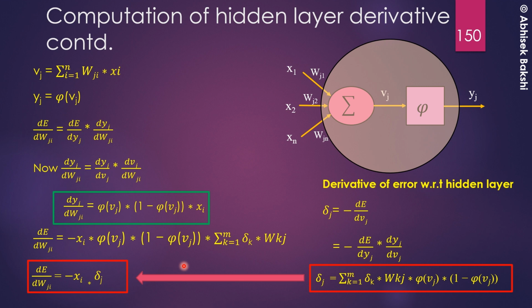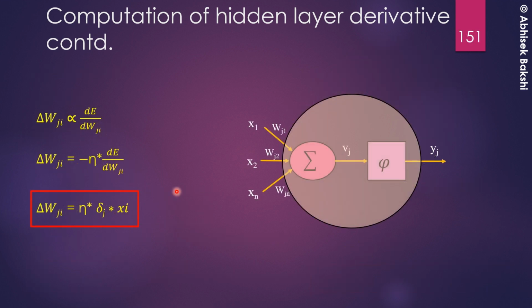So again, the next question comes: ultimately we have to find out not the derivative, but delta wji. What is the change of the weight wji? Naturally, the change of the weight wji will be proportional to the derivative of the error with respect to wji, and this proportion you can convert to an equation by again introducing a learning rate.